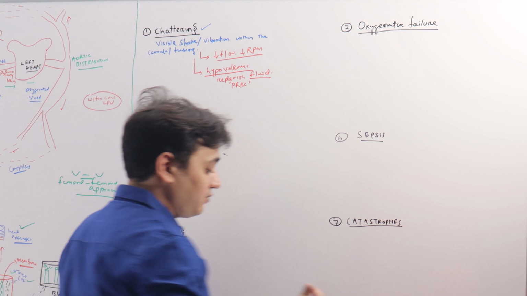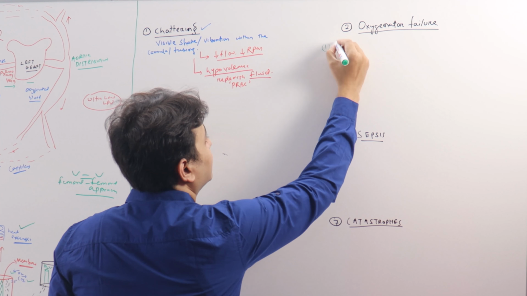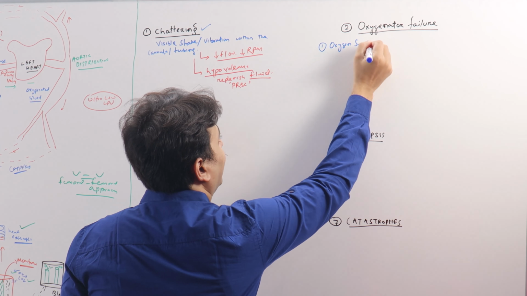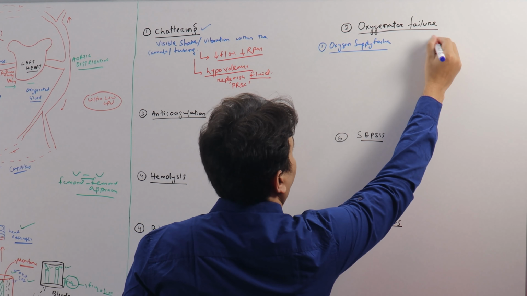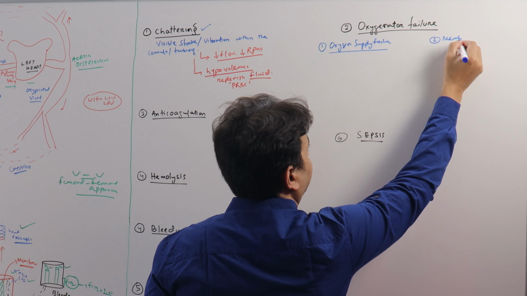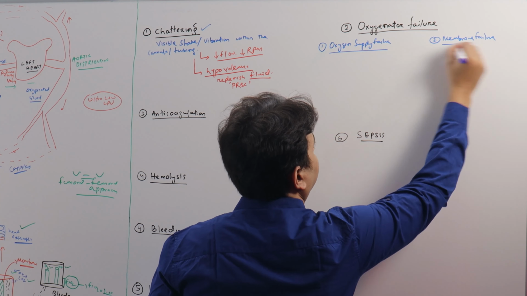Second is oxygenator failure. It can be of two types. Number one is oxygen supply failure, and number two is oxygenator per se failure or the membrane failure, right?